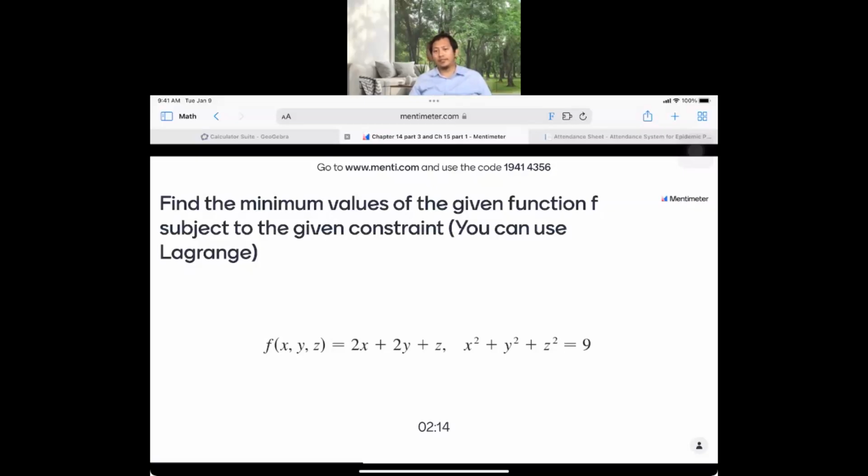From those critical points you need to determine which gives the minimum, meaning you plug in the points and see which one gives the minimum value, or even what the minimum value is. That's the question.